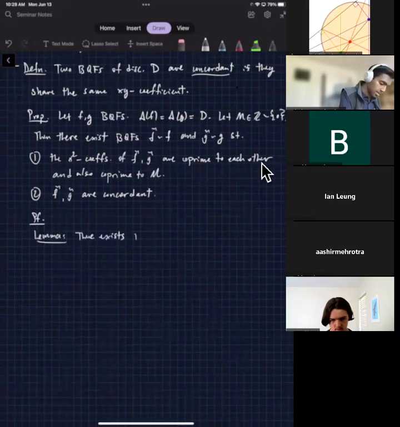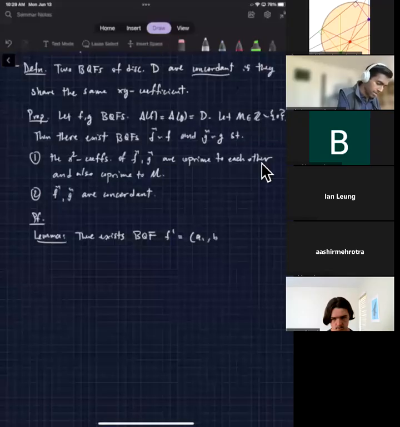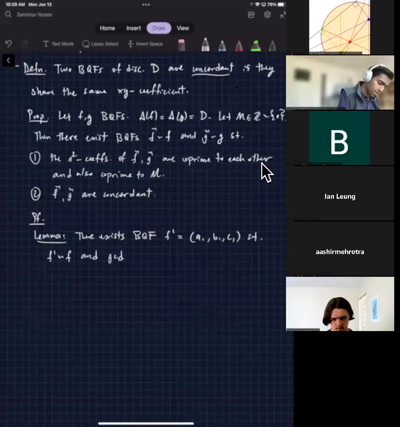There exists a BQF F prime, which I will denote by A1, B1, C1, such that F prime is equivalent to F and the GCD of A1 with M is equal to 1.